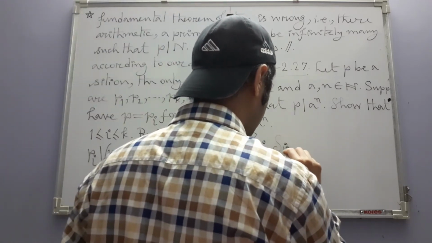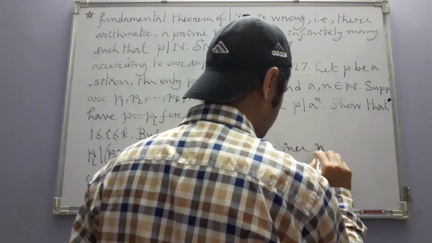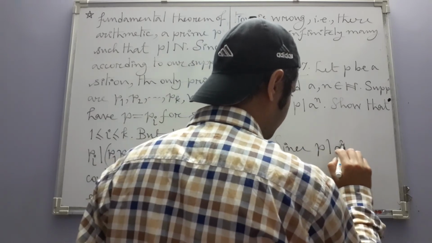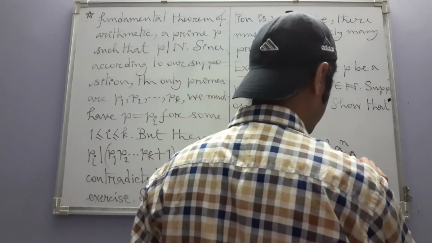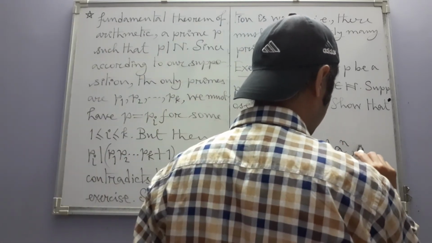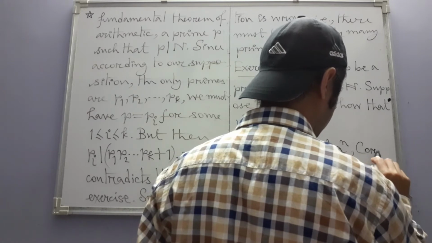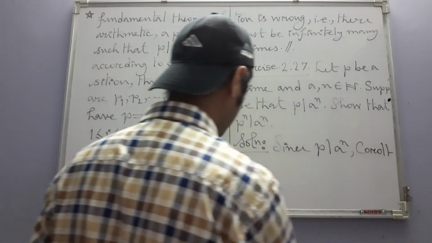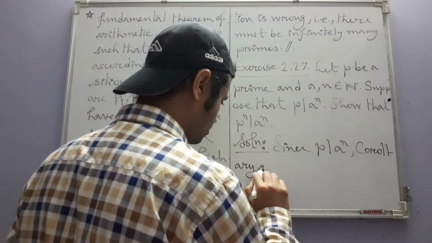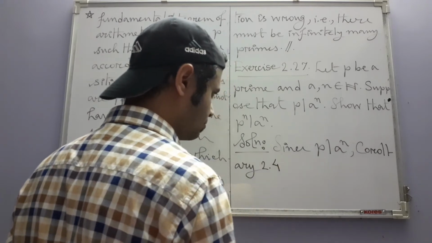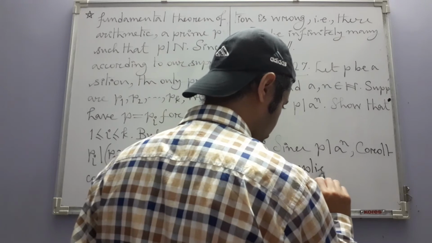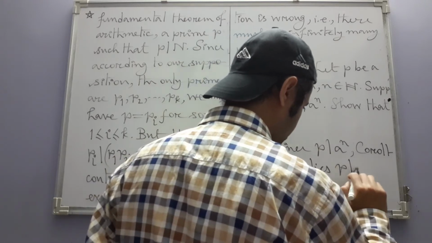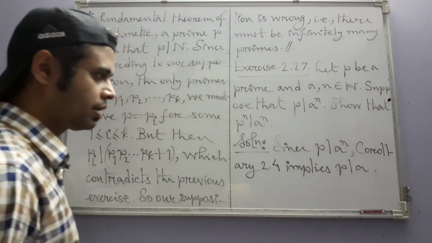Since p divides a to the power n, corollary 2.4 implies p divides a.